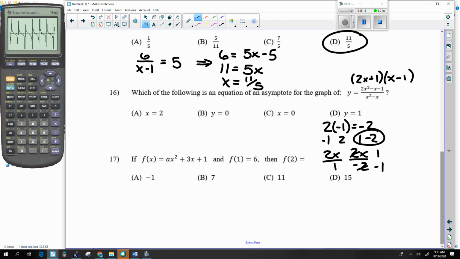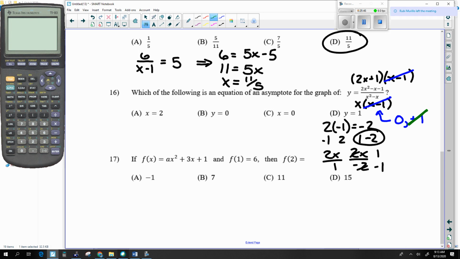This other part, the denominator is x minus 1. So these cancel. So what asymptotes are really, for right now, is in essence kind of where bottoms are equal to 0. So right now, before the cancellation, it would be 0 and positive 1. But because the 1 was eliminated, this is called a removable discontinuity. It's not an asymptote.